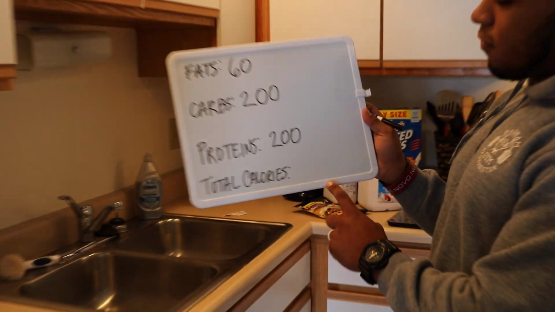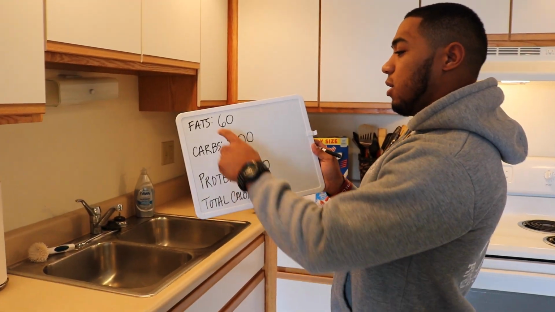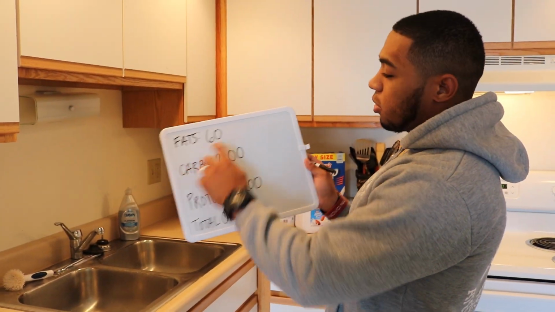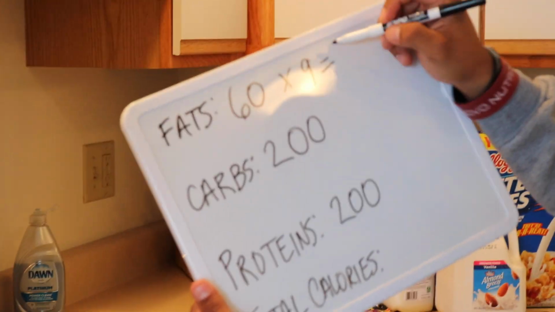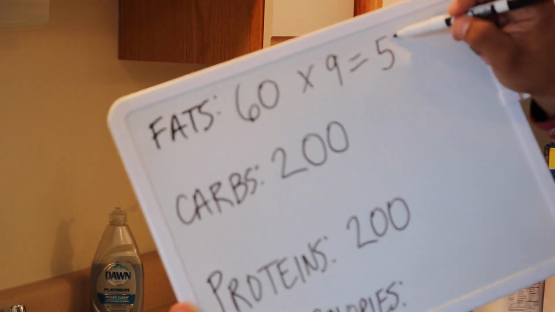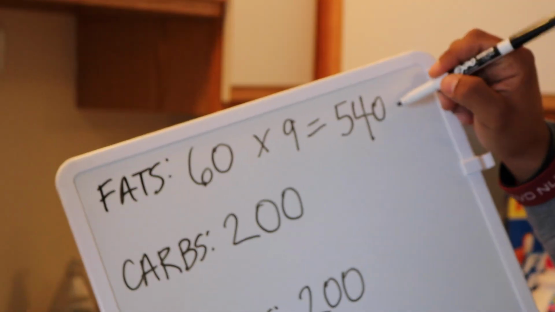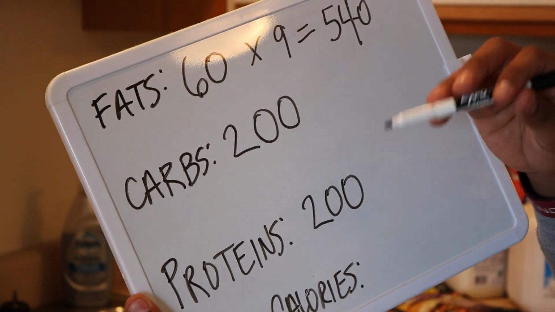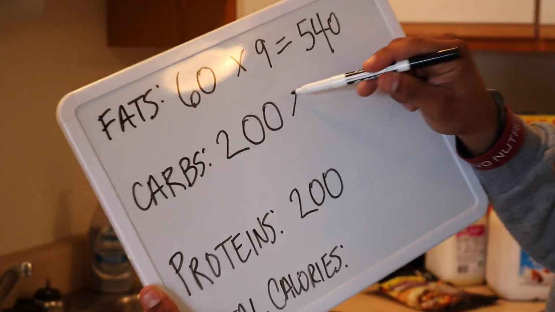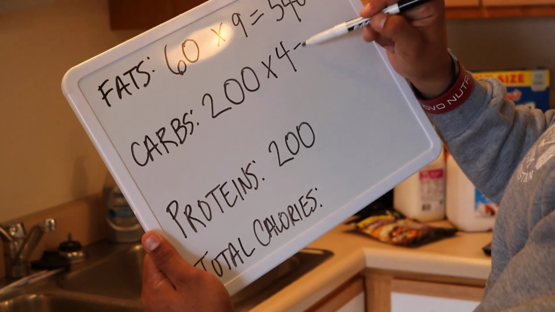So in order for you to find your total calorie intake, there are going to be 9 calories per gram of fat. So you're going to take 60 times 9, and that's going to give you 540 total calories from fat. For carbohydrates and proteins, they're each going to be 4 calories per gram.